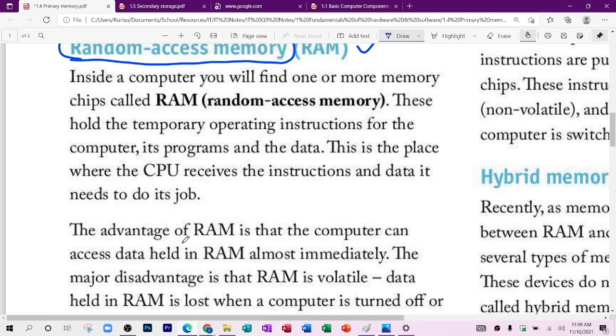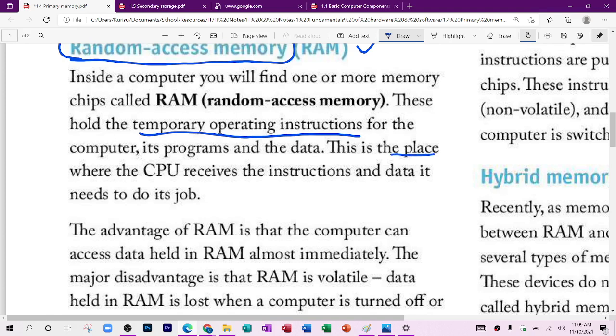Inside a computer, you will find one or more memory chips called RAM, random access memory. These hold the temporary operating instructions for the computer, its programs, and the data. This is the place where the CPU receives the instructions and data it needs to do its job.